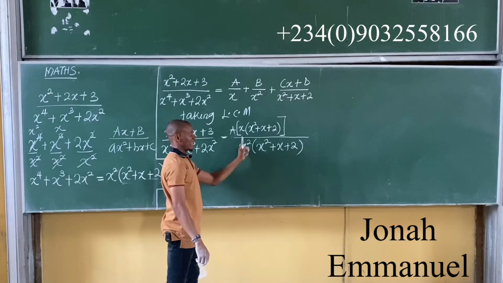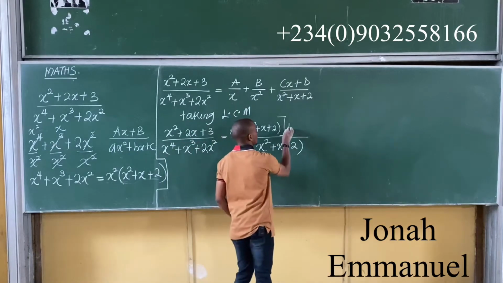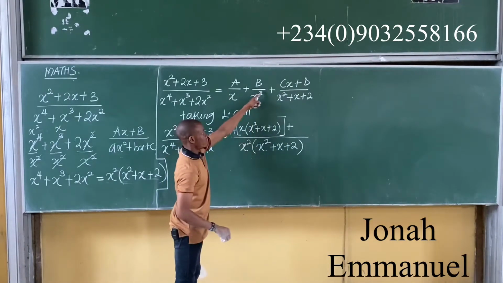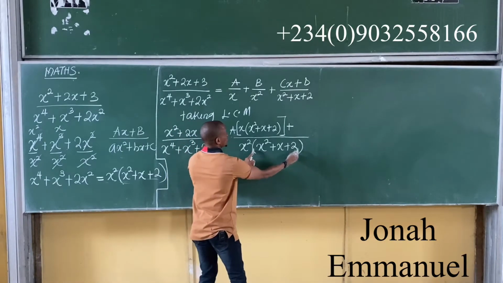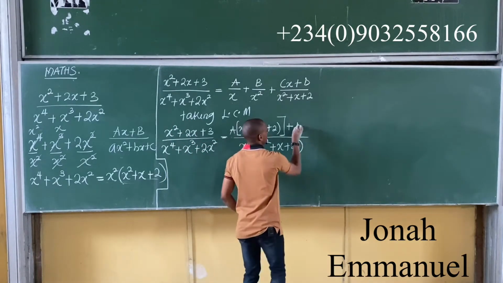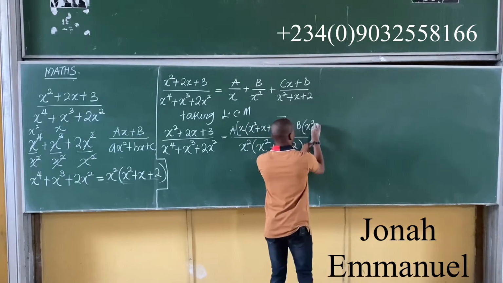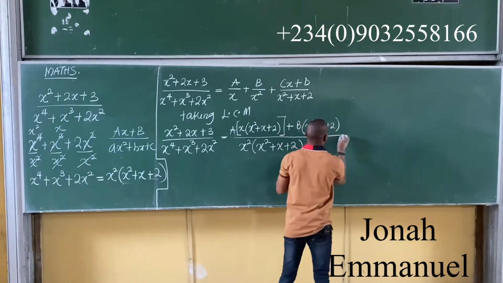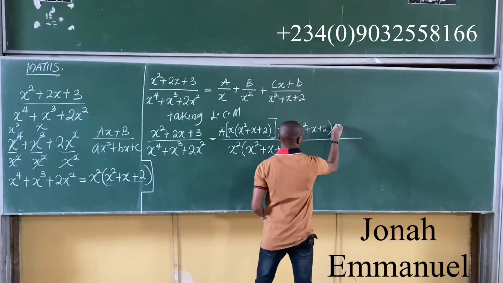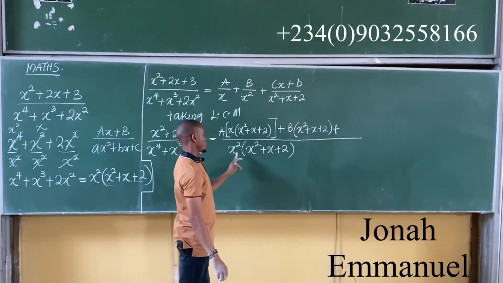So I'm left with x into this. That's this. Multiplies a plus, for b, x squared will cancel x squared. I'm left with this one here. Use to multiply b becomes b into x squared plus x plus 2. So plus this divide this, I'm left with x squared.